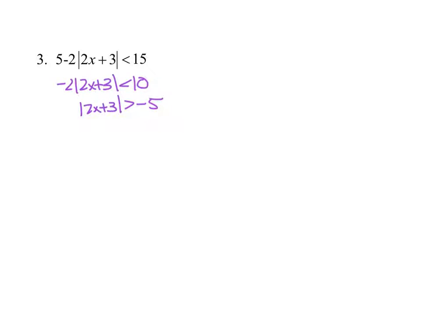Now let's stop here for a second. Remember when we had the absolute value equal to a negative number, we said it was no solution. So notice right here I have a negative number. Anytime your absolute value is being compared to a negative number, you're going to ask yourself a question. And that question is, well, the absolute value is always positive. So you're going to say, is a positive number greater than negative 5?